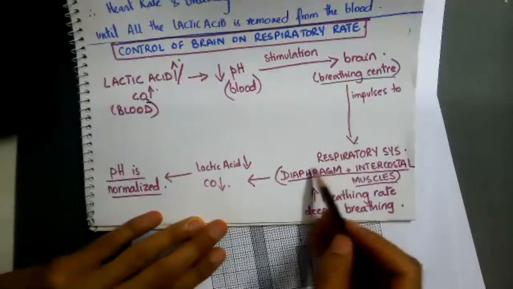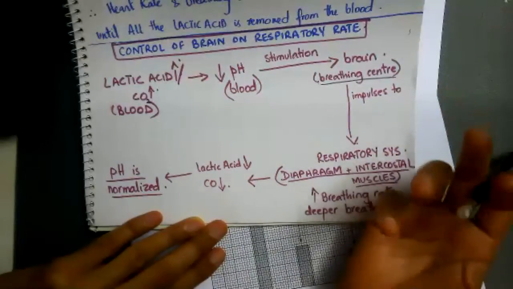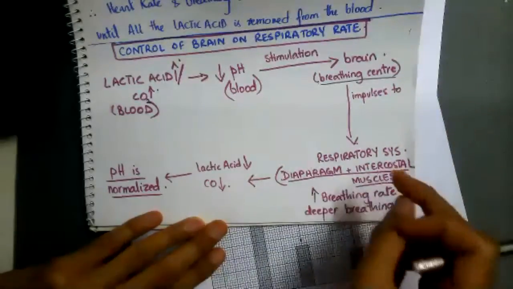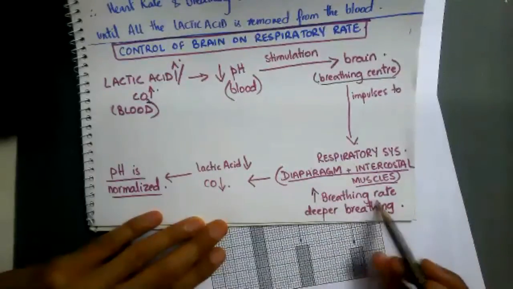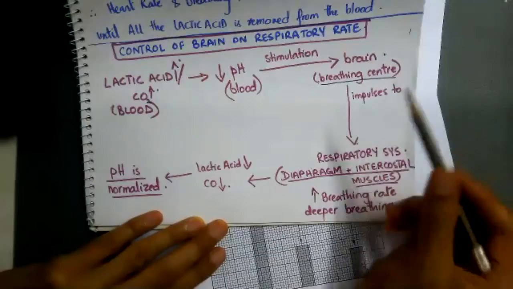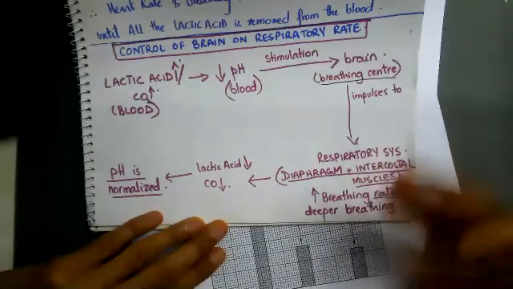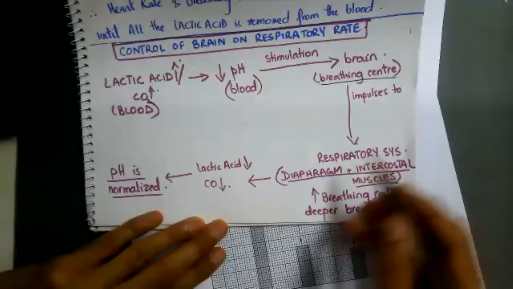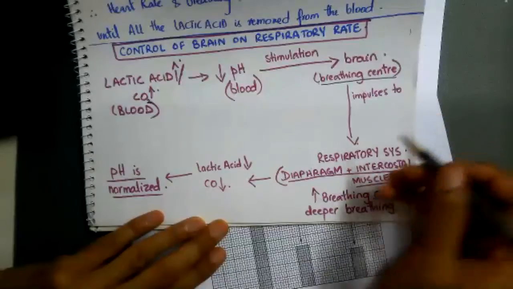So when these muscles receive more or stronger impulses from the brain, they contract more. When they contract more, the breathing rate increases. What do I mean by rate? More breaths per unit time.